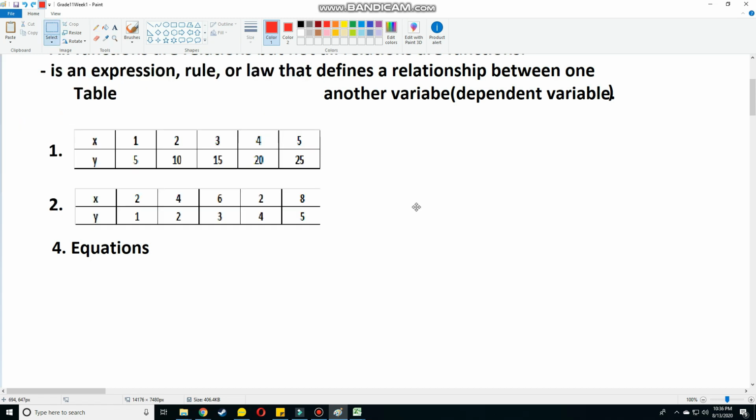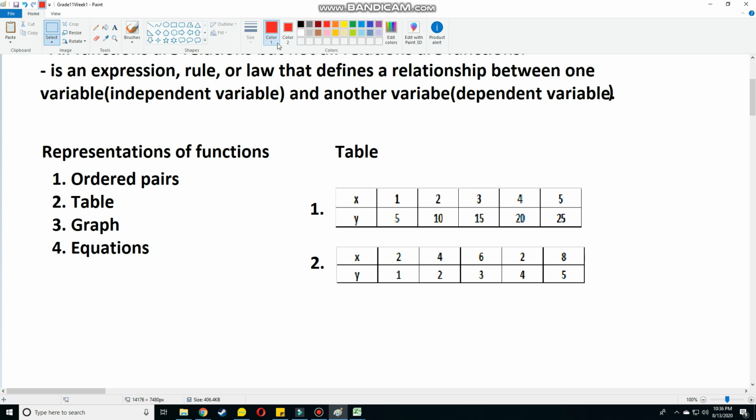Now let's have this example. So let's have the example number 1. As you can see, our example number 1, this is a function. It's because, let's look into our domain. Our domain has no repetition, therefore it is a function. Now, for example, what if we have a repetition on y or in our range? It's still okay.